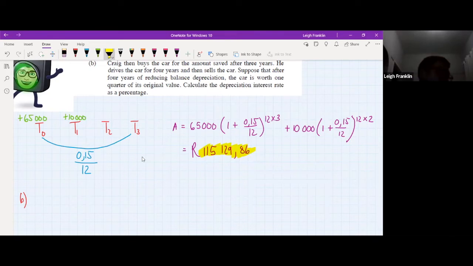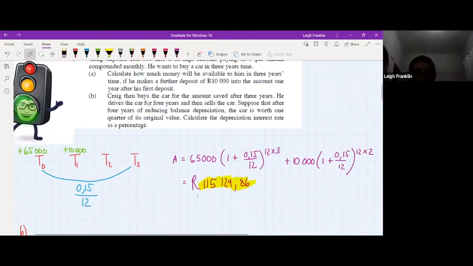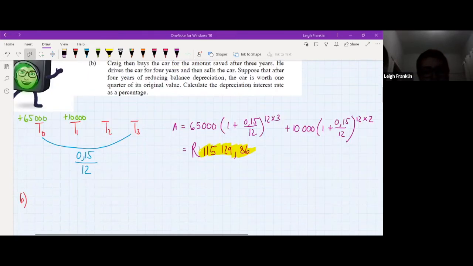What are we going to do here? So it's worth 1/4 of what it was originally. Okay, so reducing balance and P is, yes, I quite agree with you, Johannes. So if P is the 115,129.86, how do we know what the car was worth originally?